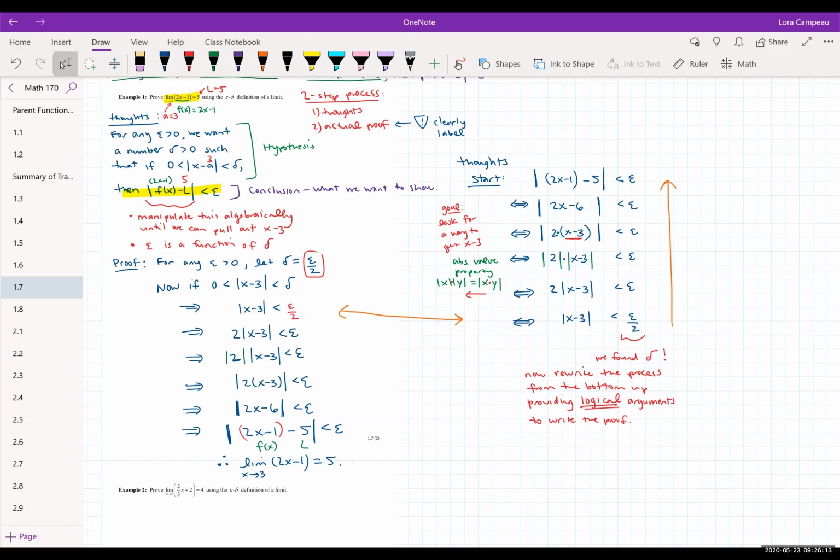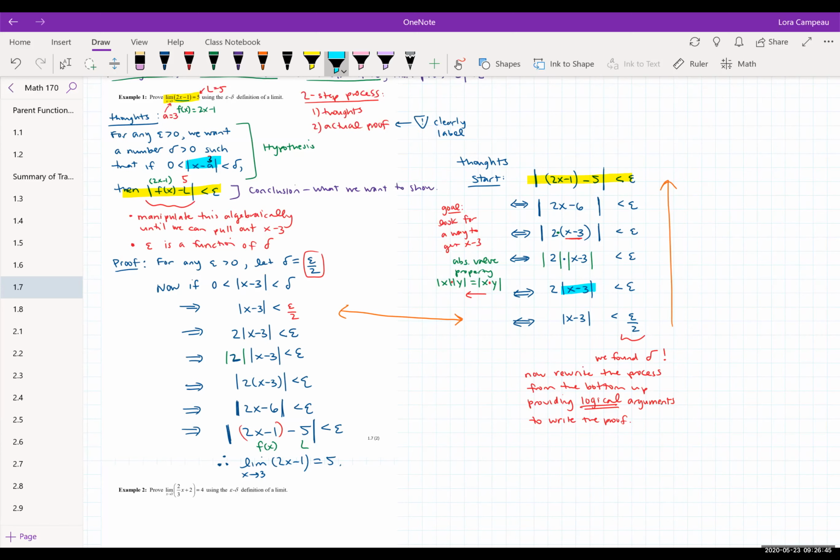Whenever we're doing these delta epsilon proofs, on the side, we like to start with what we were trying to show. So this is where you start filling in who's f of x and who's the limit, who's f of x and who's L. Then we use algebra to figure out a way to see the absolute value of x minus a in the proof somewhere.